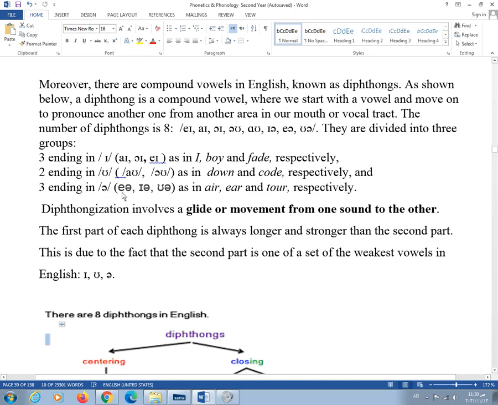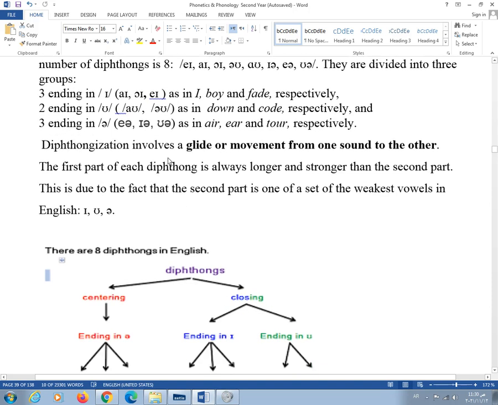E, and O. Okay, and diphthongization, what does it mean? It involves a glide or a movement from one sound to the other.